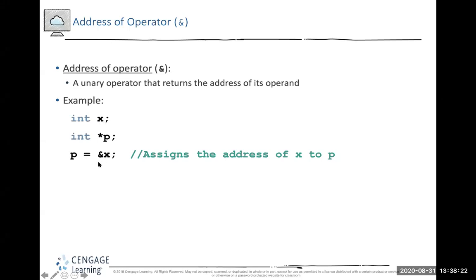Essentially, we're assigning the address of x to this pointer p. So in this scenario, you're accessing the address of a variable.